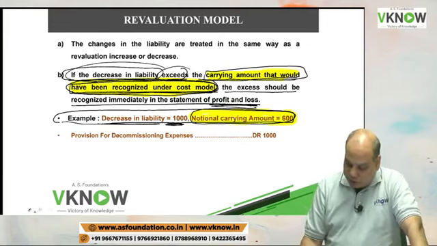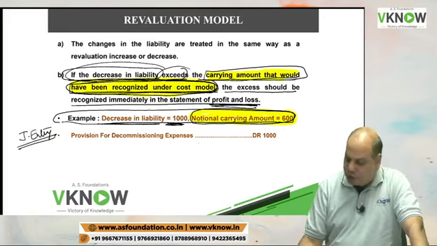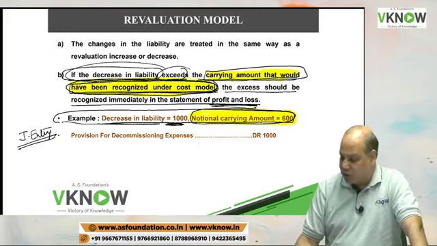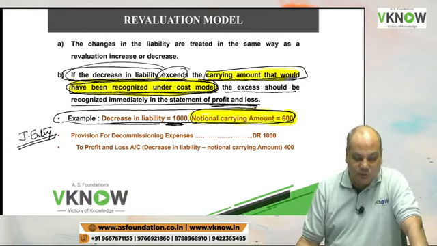So write down the journal entry. Provision for decommissioning expense account debit 1000. That is your reduction in liability.